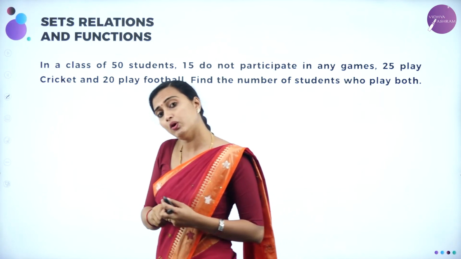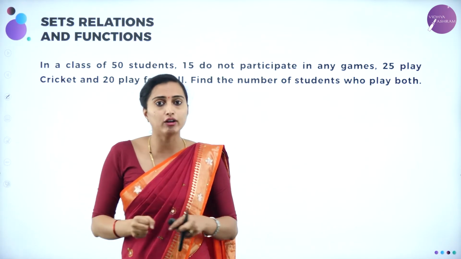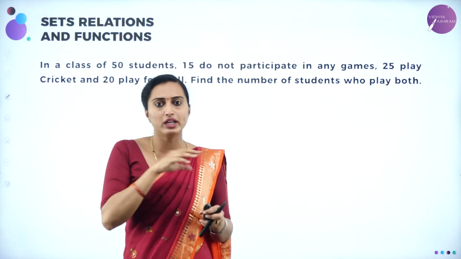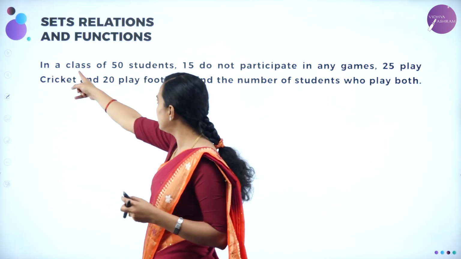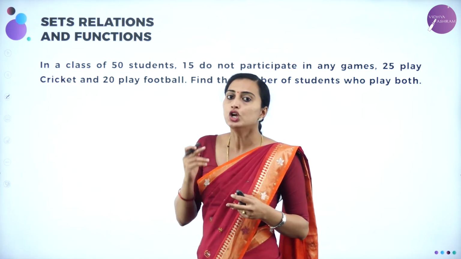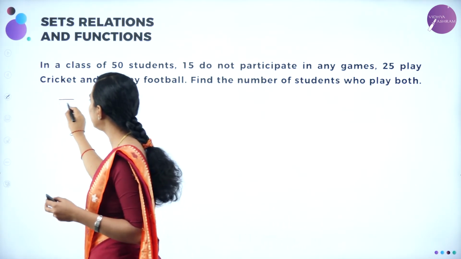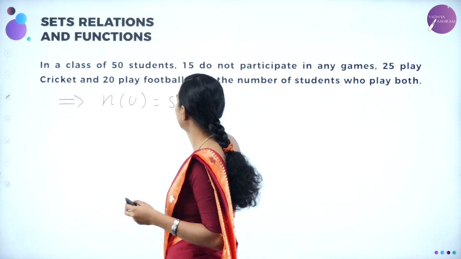Who play both means what? Common, correct? Who play cricket also, who play football also. Common means intersection. Therefore, in a class of 50 students, the universal set U, the number of elements of U, is nothing but 50 students.